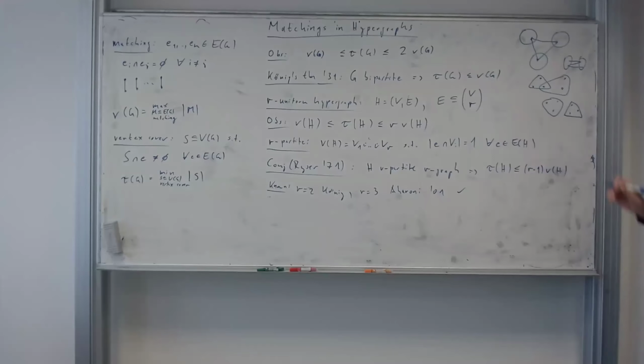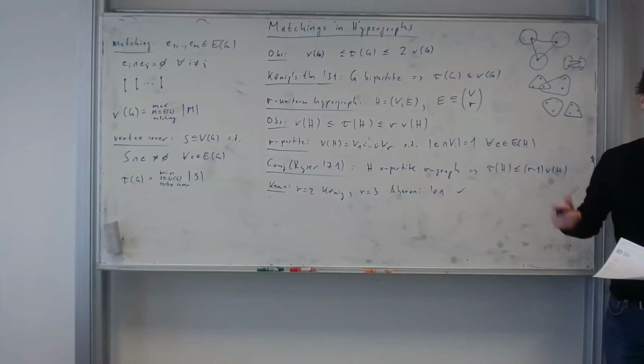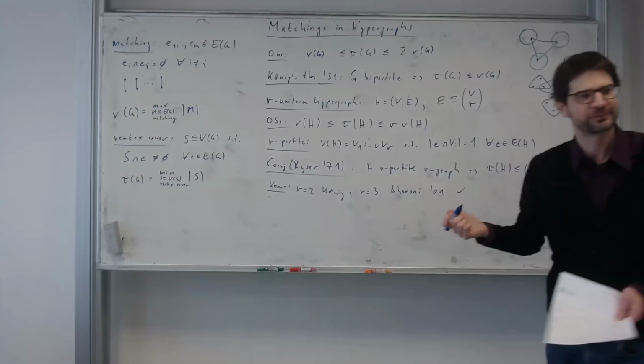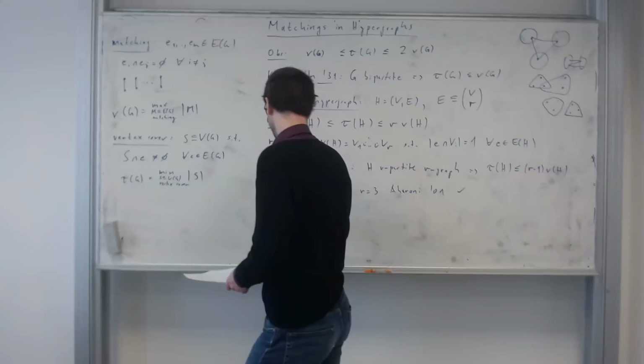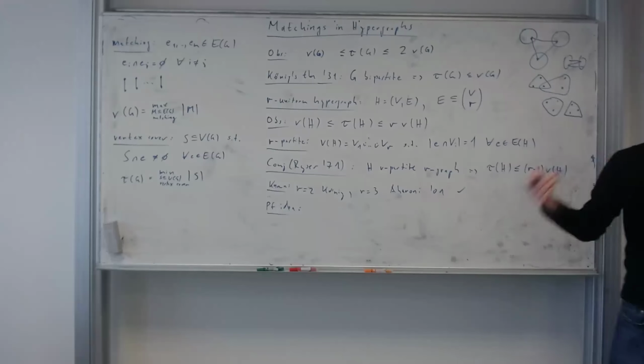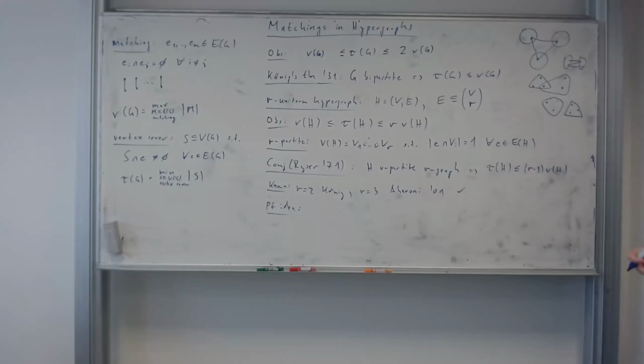So all other cases are open, and we don't know. Okay, if I asked you to prove this conjecture, what might you do, right? So, the first obvious proof idea, maybe, is that you would want to try some kind of induction.